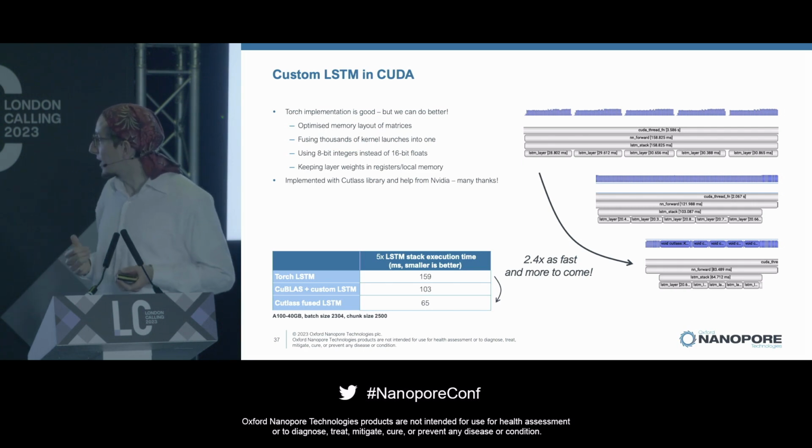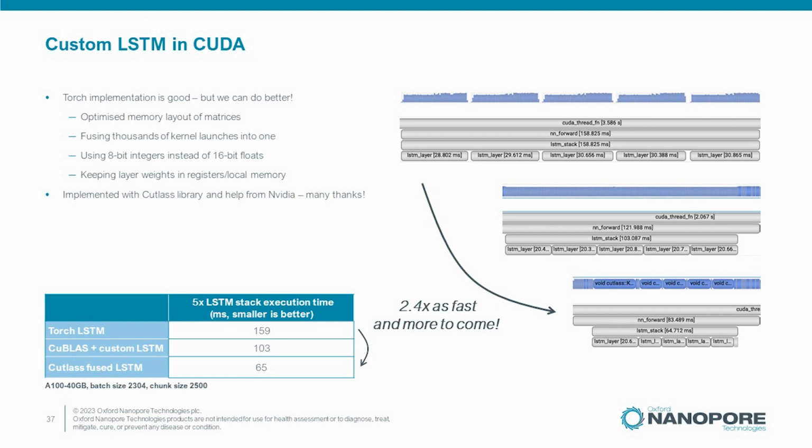So what I'd like to show here is at the top we have an execution trace, and this is kind of a timeline. From left to right, this is how long it takes. At the top is the initial Torch built-in variant of LSTM.